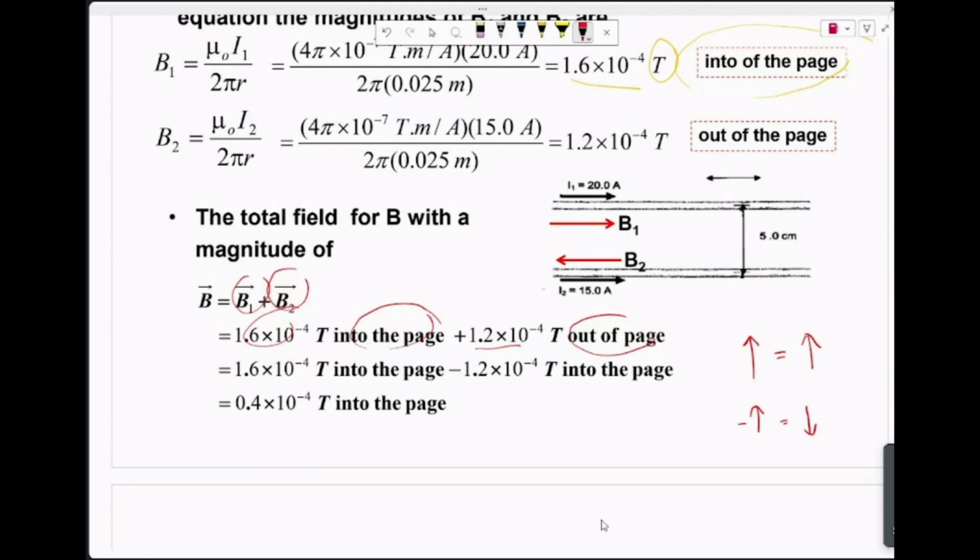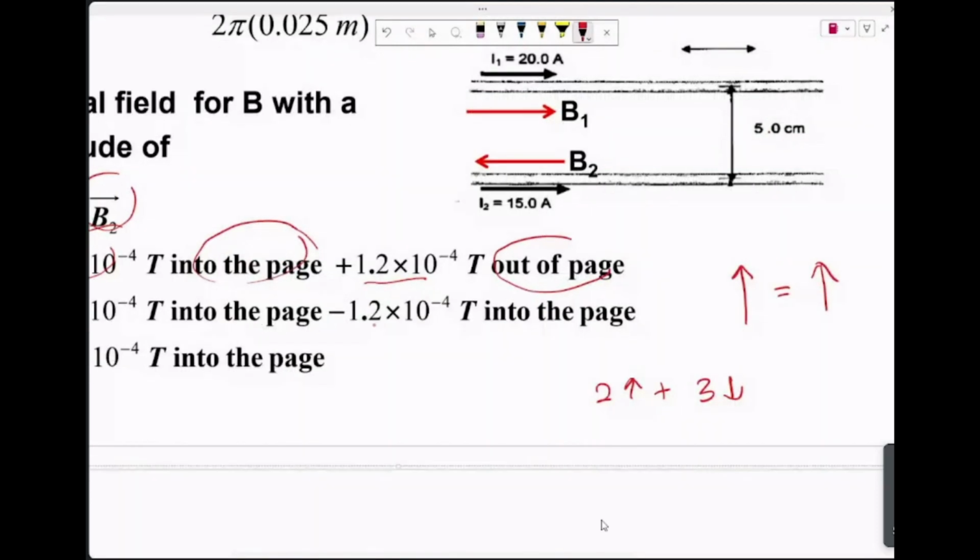So apa yang berlaku dalam ni? It means that you have 2 upward plus 3 downward. How can I change this so that I can factorize the upward? I need to change the downward into upward.